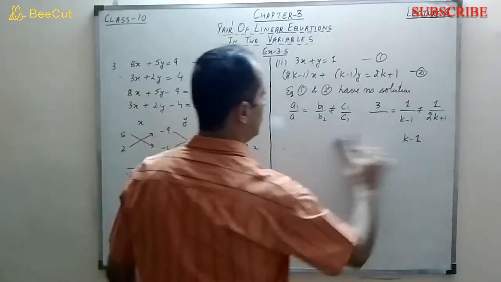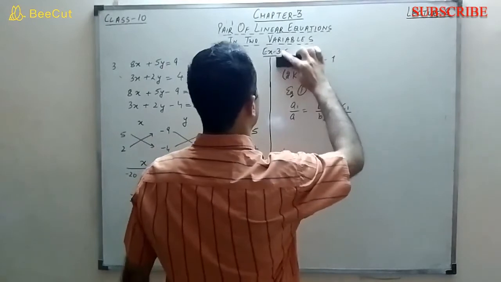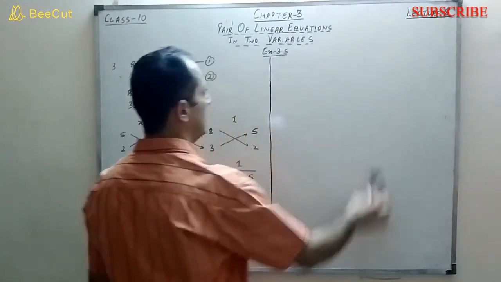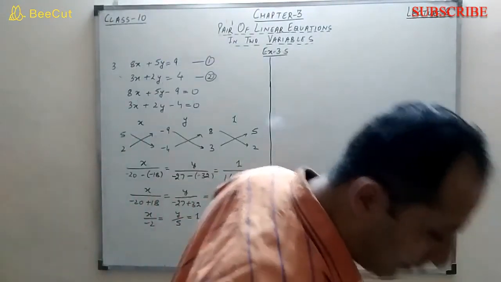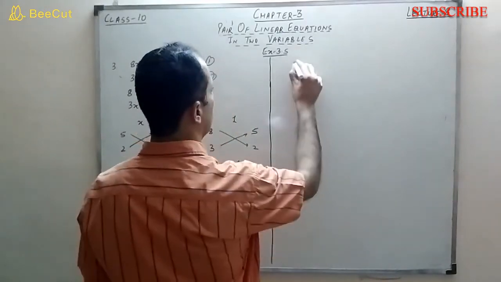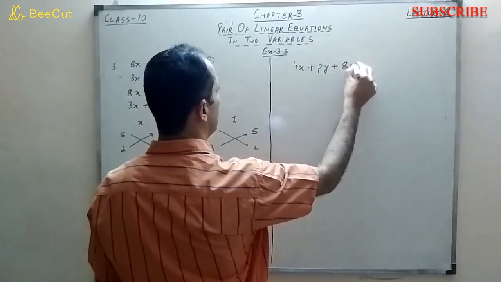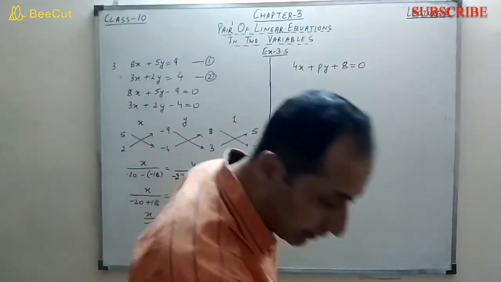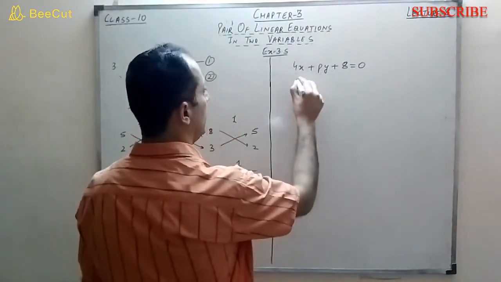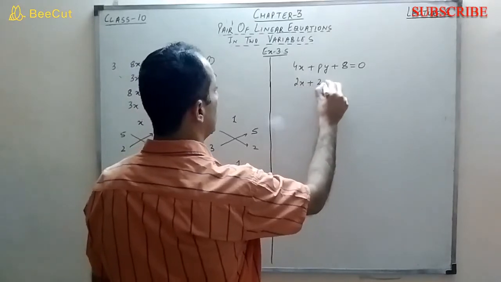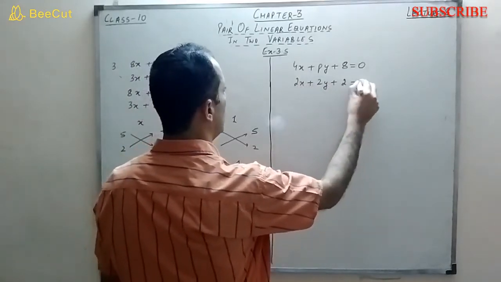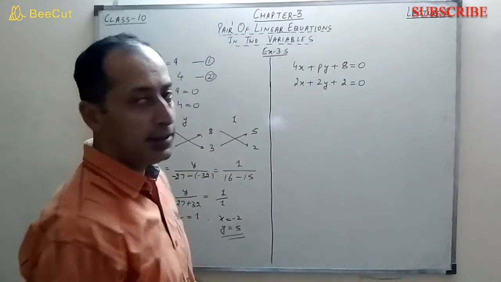I'm writing on the board. Now the question is, first I write the equations: 4x plus py plus 8 equals 0, and 2x plus 2y plus 2 equals 0. Now these are the two equations.